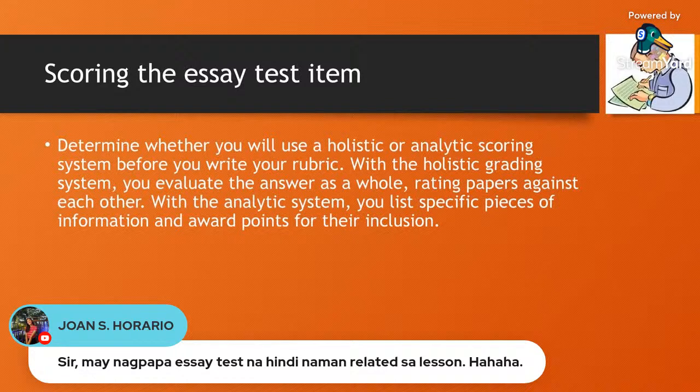From the lesson objectives, makikita mo kung anong type of test ang gagawin mo at kung paano mo i-design yung question mo for that objective. So, kung hindi related sa topic ninyo yung question niya, ibig sabihin, hindi niya tinignan yung mga lesson objectives ninyo. Di ba? Na itinuro niya. So, dapat meron sa lesson objectives. Okay? So, yun. Hindi pwede. It will affect, of course, yung validity ng test kasi you are asking a question that is not part of the lesson.